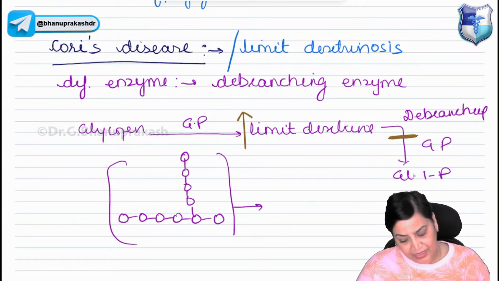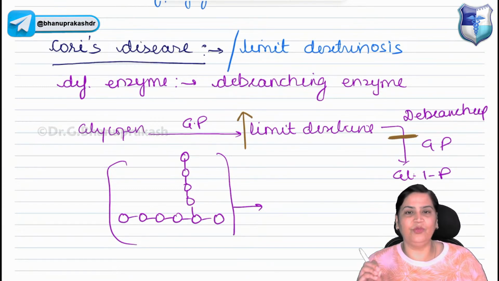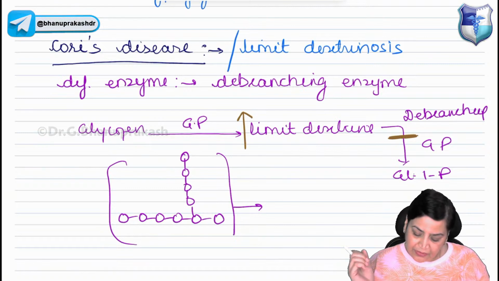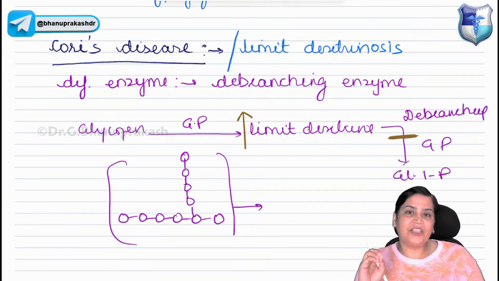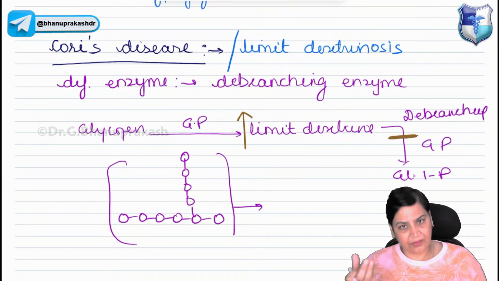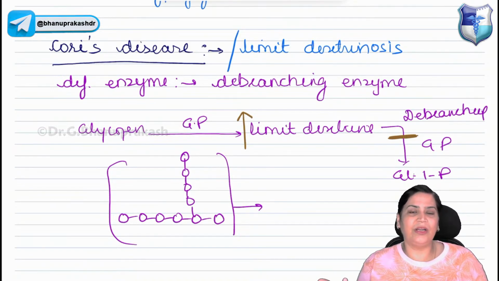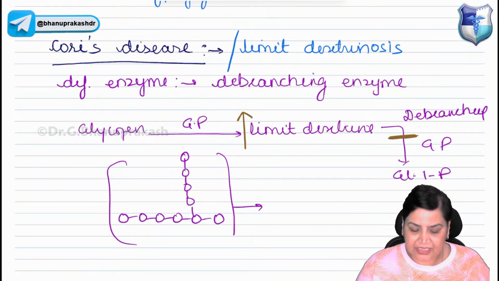What is the function of debranching enzyme? It is simply removing the branches. So if it is absent, that means there will be accumulation of the molecule which has to undergo removal of the branches. That molecule is none other than limit dextrin. That is why Cori's disease is also known as limit dextrinosis.